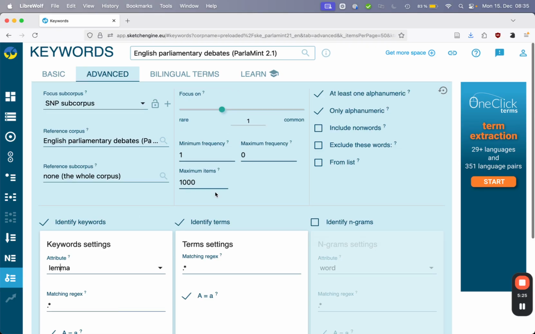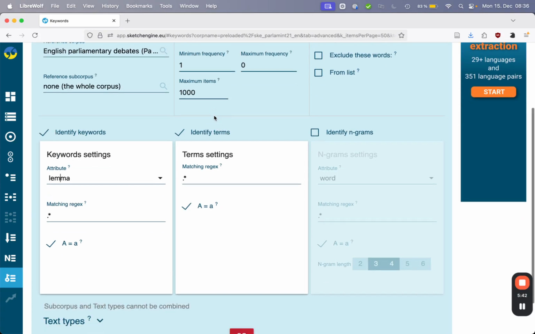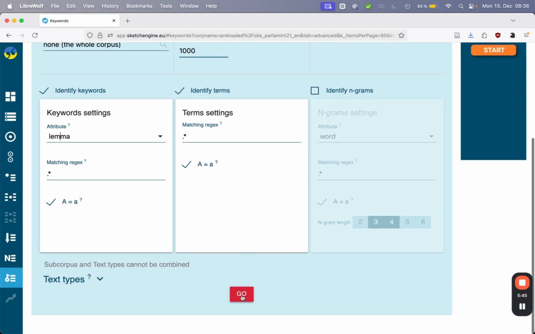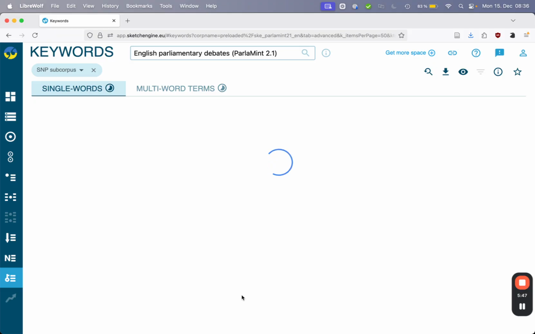And then here we have some important information that's a bit abstract in Sketch Engine, but essentially here we have how rare the keywords should be that we find. We're going to stick with the default setting for now, and we'll see what happens when we change that later on. At the bottom we have go, so that's the equivalent of enter. And this could take a while the first time you do it, but the results should be saved so that you can reuse them later on.